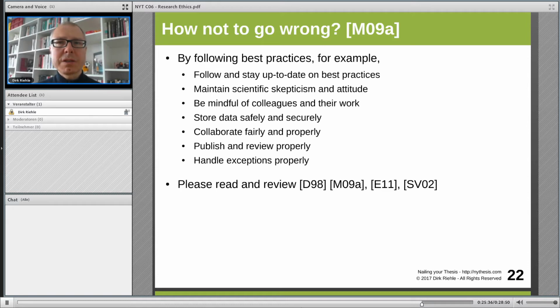And that's what you have to follow. So you need to track what the best practices and proper processes and procedures are. In general, you need to maintain a high scientific skepticism towards anything you see. Don't follow wishful thinking because you hope your data will give you the results you want. Be skeptical of your own and other people's work.